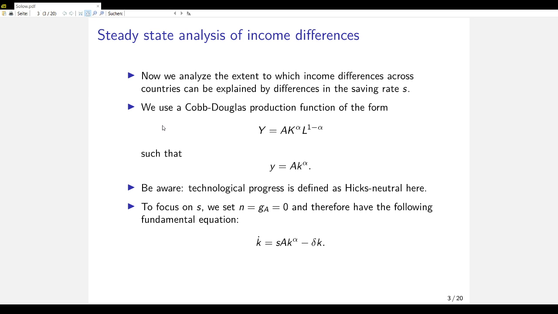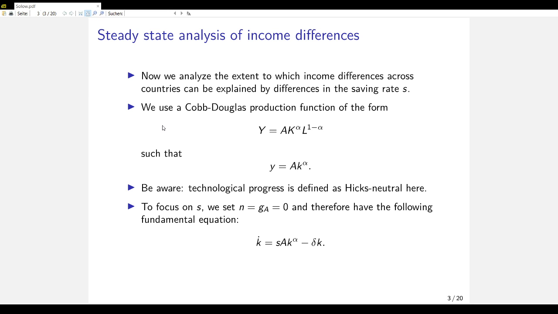To this end, we assume that we compare two countries that are similar in all respects except for the saving rate s, because capital accumulation, in the baseline version of the Solow model, is the main explanation for medium-run growth. So we ask ourselves how much of cross-country differences in income can be explained by differences in investment and savings.